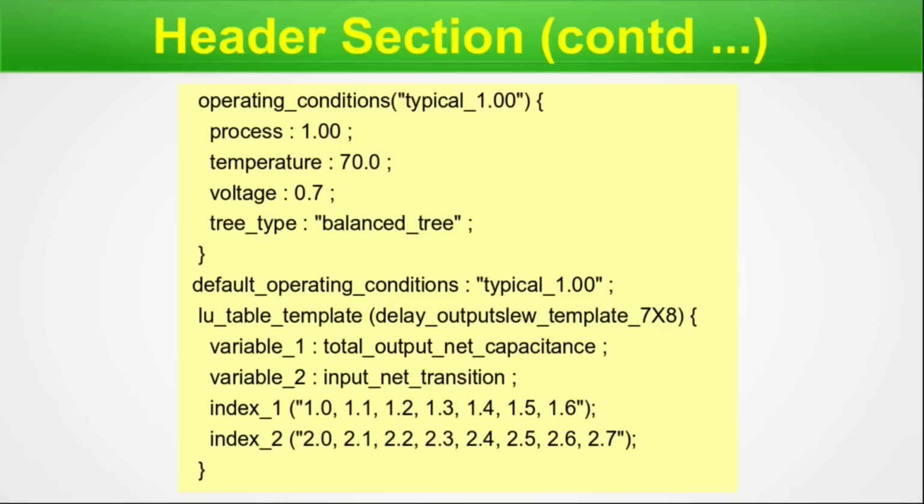So there only index 1, index 2 or variable 1, variable 2 will be mentioned, but these names will not be there in the examples in upcoming slides. And one another thing, in the operating conditions section, we have kept 1, there could be more than 1, and the default one will be picked up by the default operating conditions. We are done with this particular slide, so let's move on.